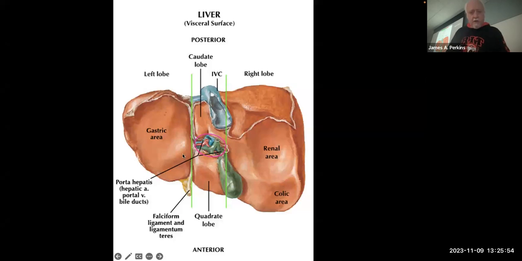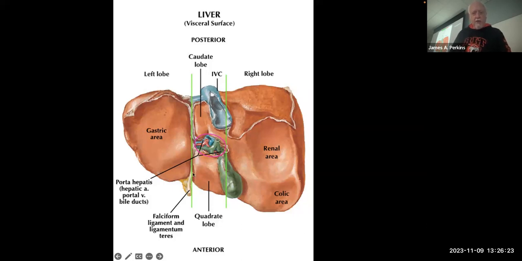Now, the other thing to notice on here is that the liver does not have just two lobes. It's not just left and right lobes. If you look on the inferior surface, you see that there are two additional, much smaller lobes that are visible only in this view. There's a lobe known as the quadrate lobe, which is basically square in shape. That's where it gets its name from. It's a quadrilateral, four-sided shape.